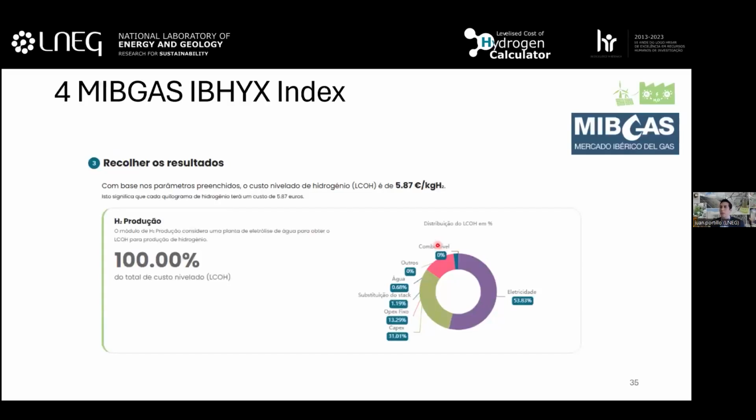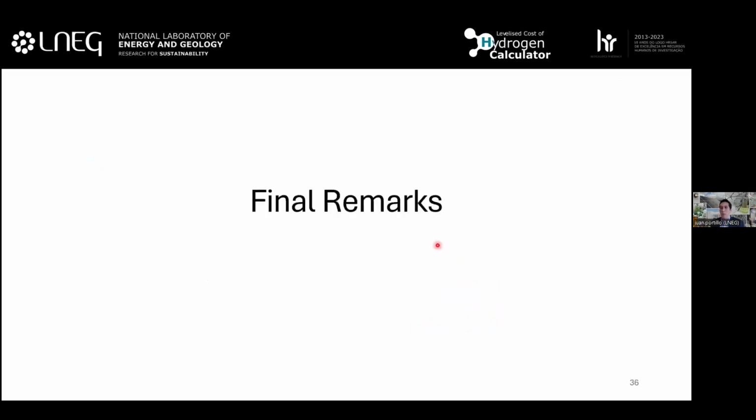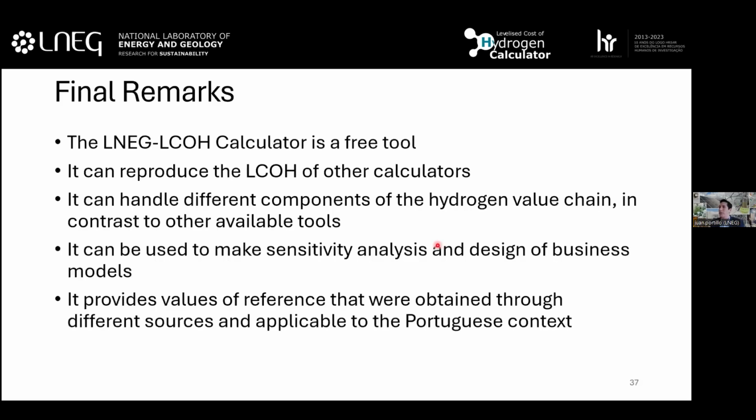This is very useful for making analysis of the cost structure of different hydrogen projects. We are getting to the end of the presentation, and just as final remarks, the LNEG levelized cost of hydrogen calculator is a free tool, so anyone can access it. So if you need to estimate a value, feel free to use it.